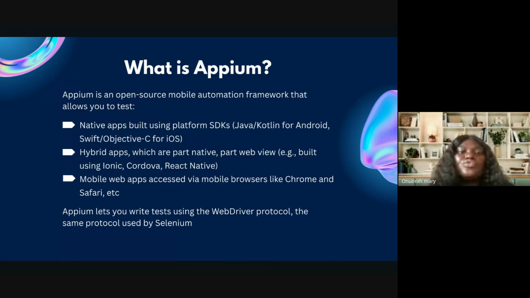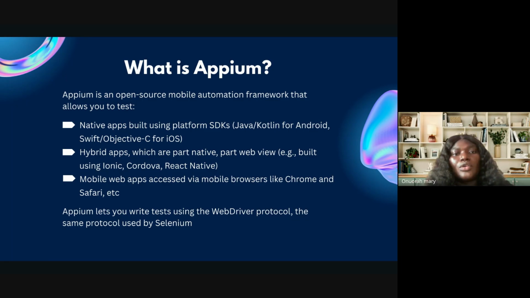It helps you write your test using the WebDriver protocol, which is the same protocol that Selenium uses. Now, when I say WebDriver protocol, I mean the W3C standards. I don't know if anybody has heard of that, but yeah.